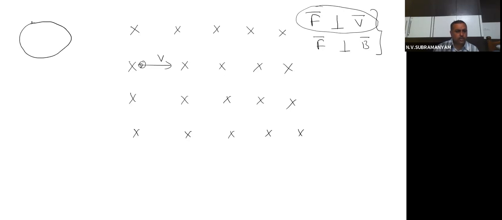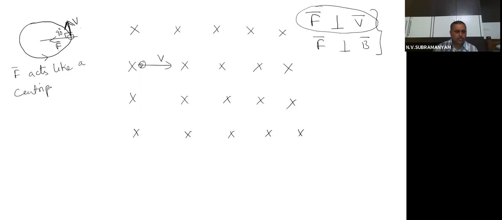In the first year, you learnt about uniform circular motion. Yes or not? A particle going in a circle. Velocity will be tangential. Then it will experience a centripetal force. What is the angle between these two? Tell me. That means the force which is perpendicular to velocity acts like a centripetal force, children.